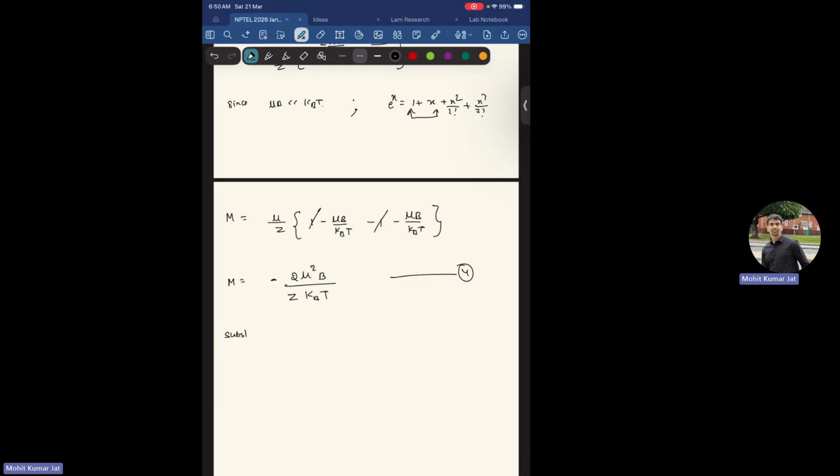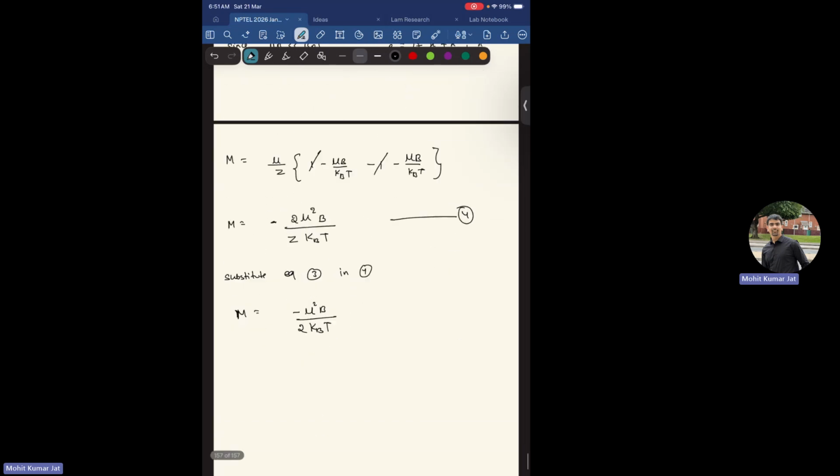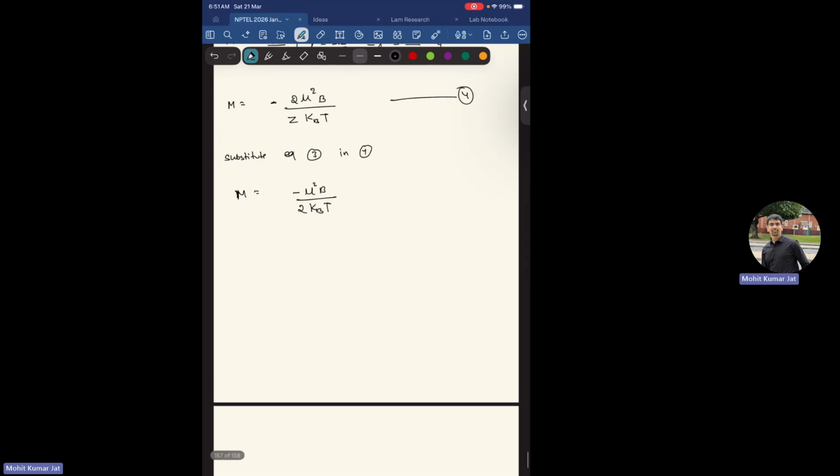If we substitute equations 3 and 4, that is Z equals 4, that will give you minus mu square B by 2 kBT.